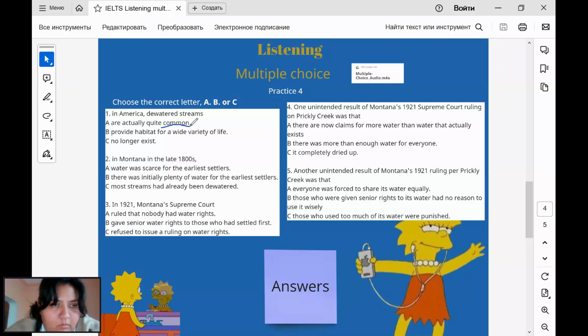So, common. Provide a habitat for a wide variety of life. Usually wildlife can be a keyword in here, and no longer exist. Well, usually it is by itself a very good keyword.